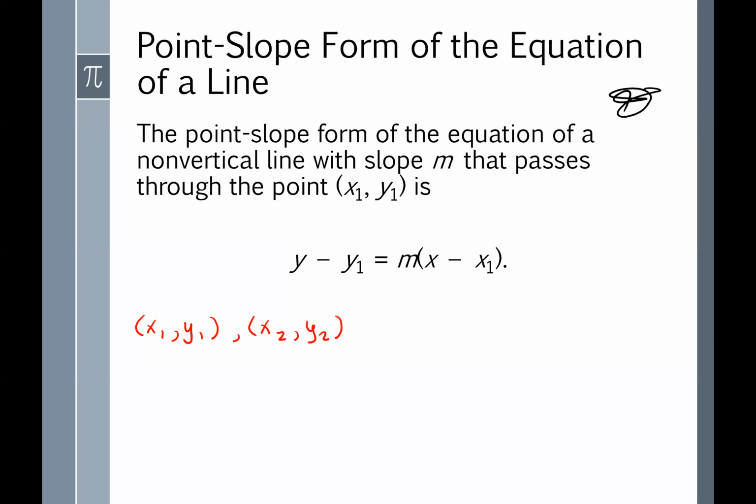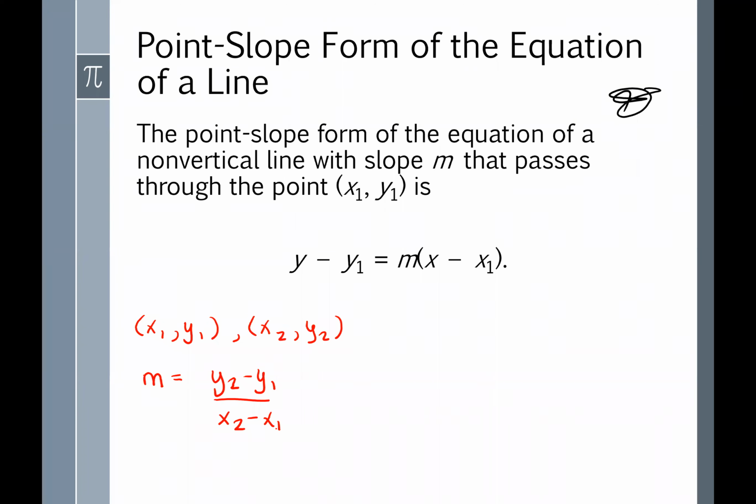And again, the subscripts just denote that there are 2 different points on this line. From that, we can find the slope by finding the change in the y coordinates over the change in the x coordinates.